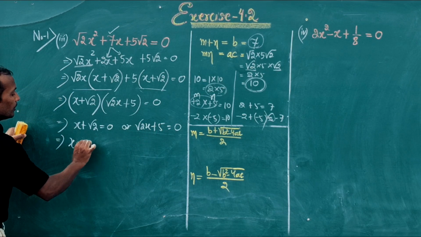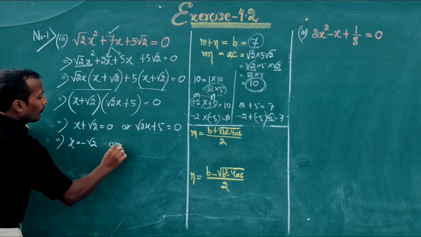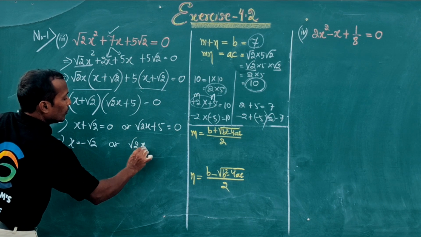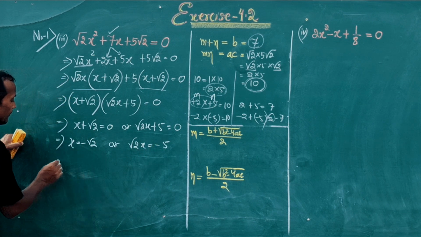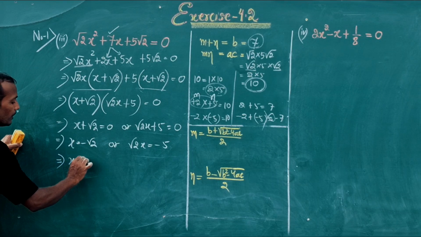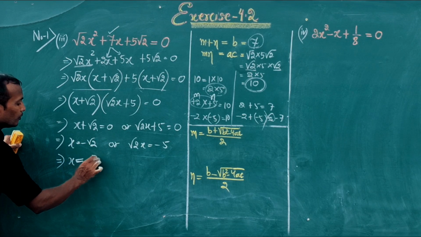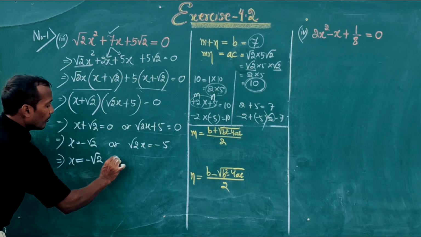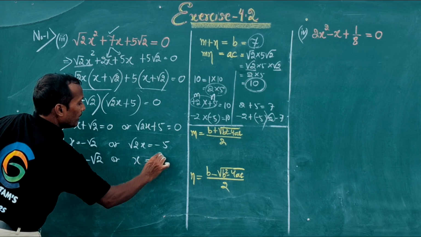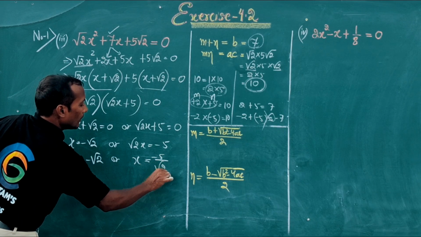Now, x is equal to minus root 2, or root 2 x is equal to minus 5, so x is equal to minus 5 by root 2.